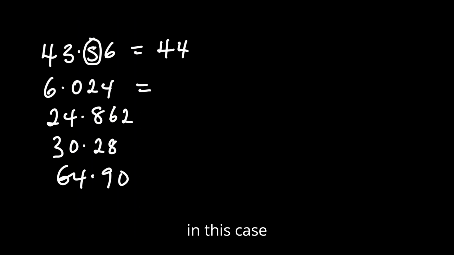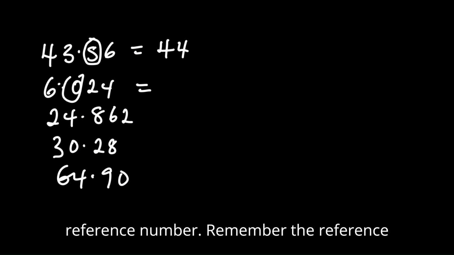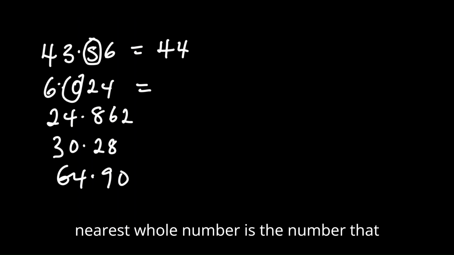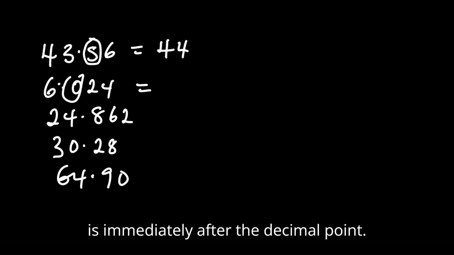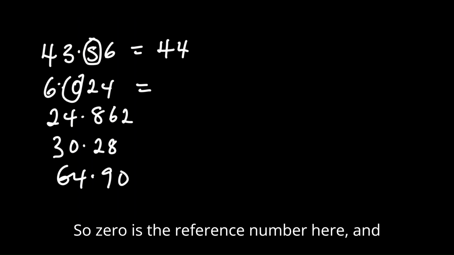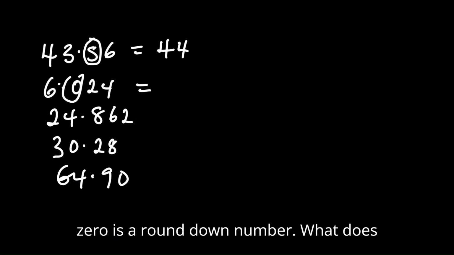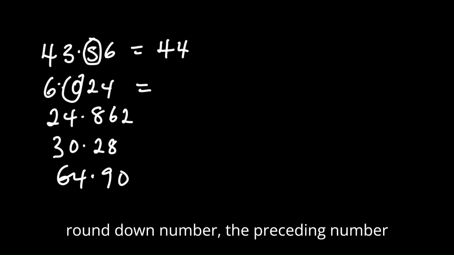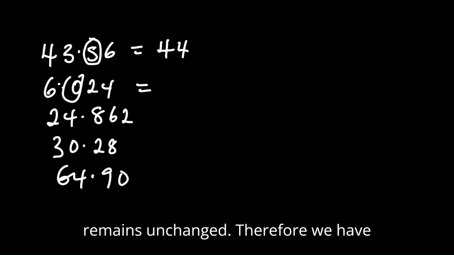In this case, 0 is the reference number. Remember, the reference number for approximation to the nearest whole number is the number that is immediately after the decimal point. So 0 is the reference number here, and 0 is a round down number. What does the rule tell us? That if it is a round down number, the preceding number remains unchanged.